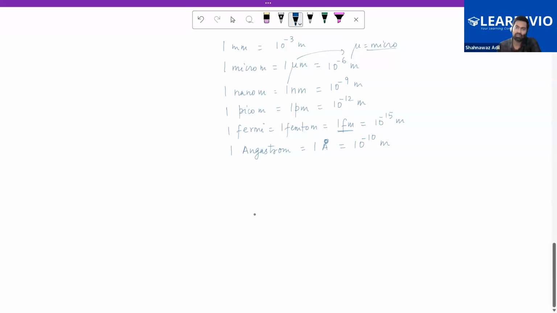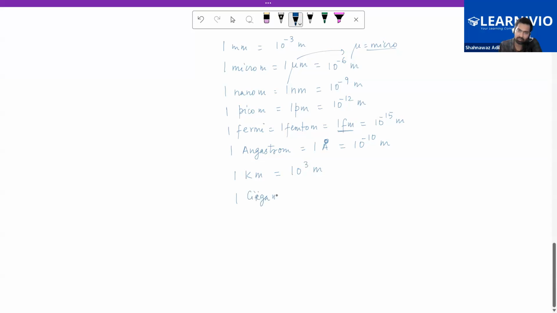Now we are just writing in the negative powers. Now we should write in the positive powers as well. The first positive power that we have is 1 kilometer, which is 10 to the power 3 meters. And then we have, let's say, gigameter.